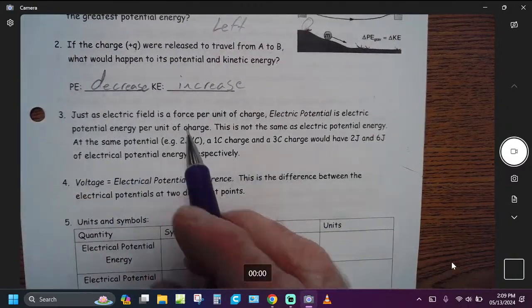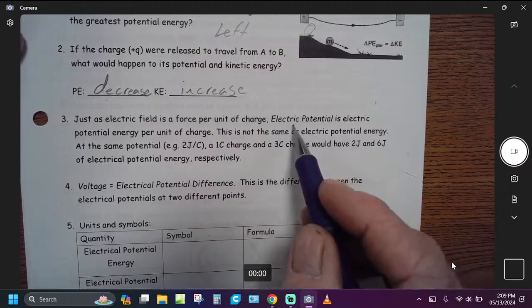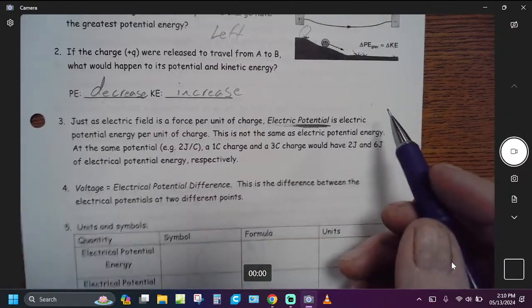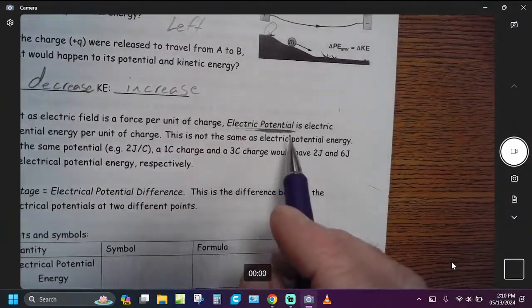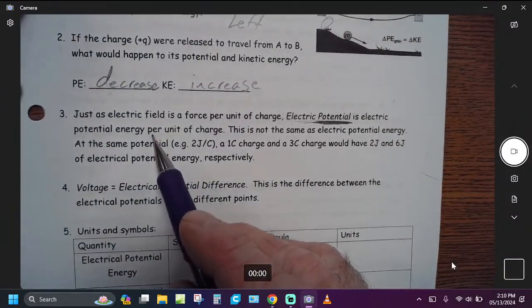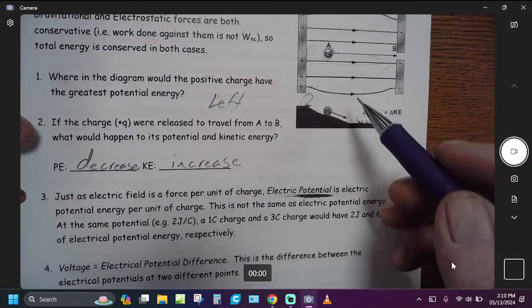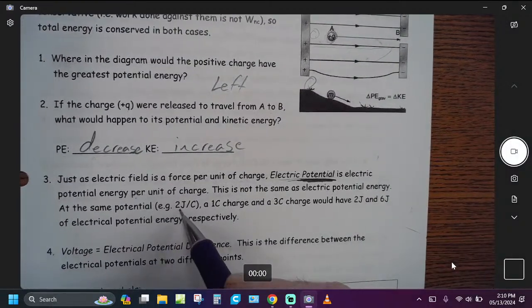Just as electric field is force per unit of charge, electric potential, you'll hear that a few times. We won't really talk about it much. Mostly we'll talk about voltage, is electric potential energy per unit of charge. So what this is saying, well, maybe I'll just use this example.